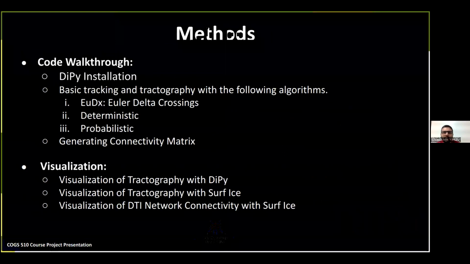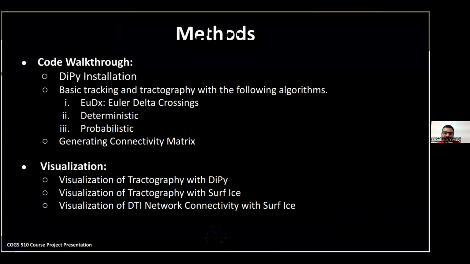So for this tutorial, I've summarized the methods we're going to look at here. The first one is DiPy installation, and then there will be basic tracking. We'll go through these three algorithms, and how you go about generating the connectivity matrix at the end in all three cases.